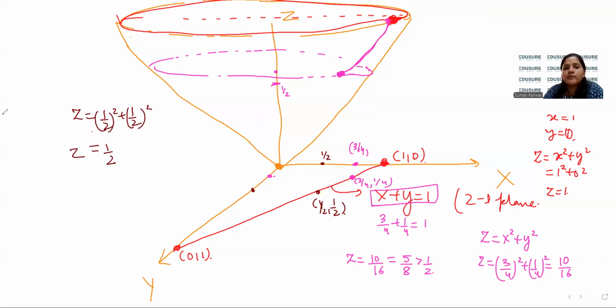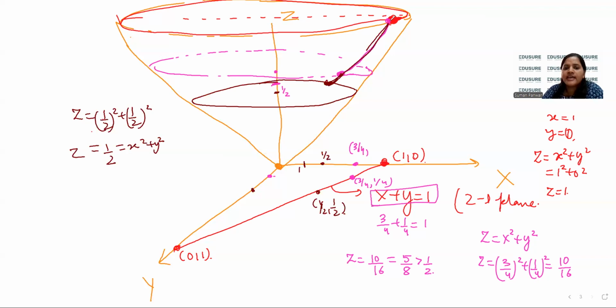So suppose this is my half. So again, I will be having a level curve z equals half like this, x square plus y square equals half. And then it is going to touch this like this. Okay. So what is happening? We are continuing like this.